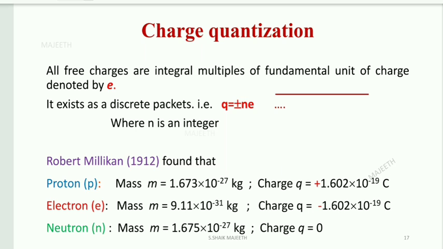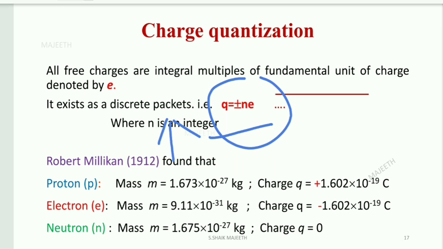Similarly, any charge I can represent as Q equal to plus or minus n e, plus for proton, minus for electron. Clear? Whenever you are using a finite number, it is becoming discrete. Continuous means it is an infinite number, right? So whenever we are talking in terms of the fundamental unit, the charge is considered as a discrete packet.